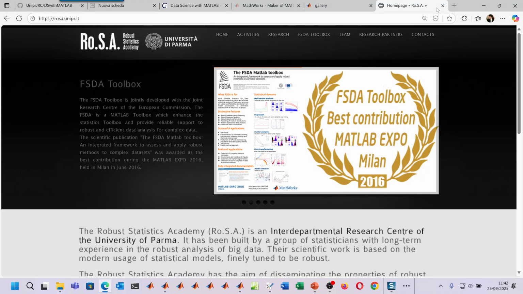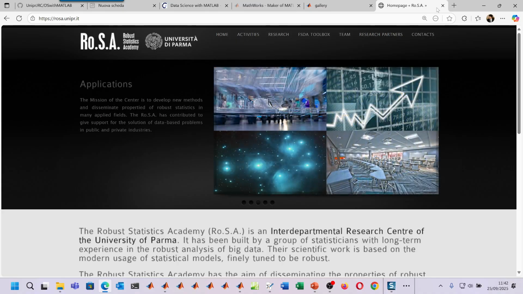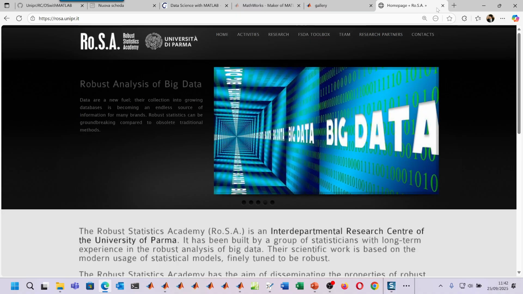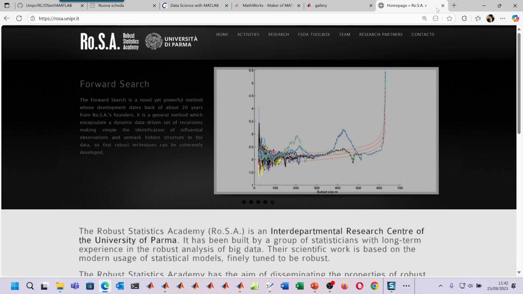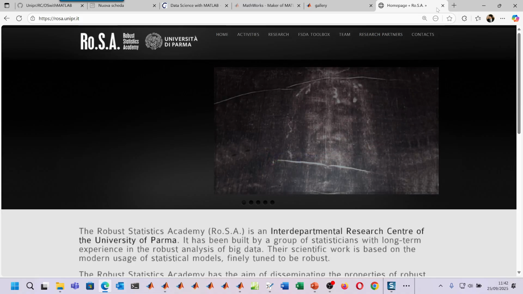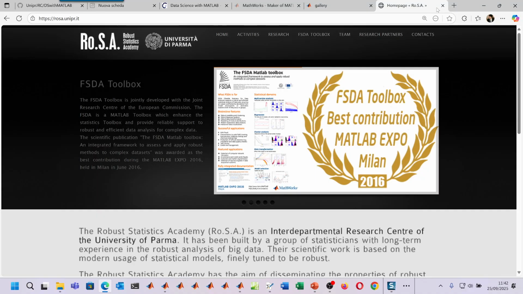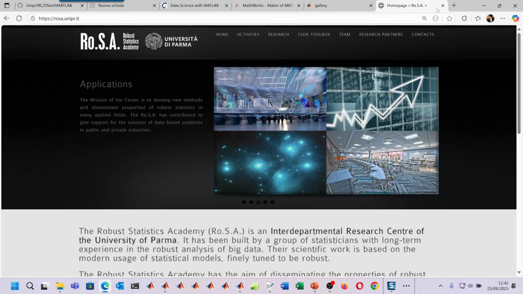So, for example, it is much better to compute the median rather than the mean as a very simple thing, because if you change one observation, then the median will remain the same. On the other hand, with the mean, it is enough that one observation is wrong, goes to infinity, and the mean goes to infinity. In mathematical terms, we say that the mean has a breakdown point of 0.